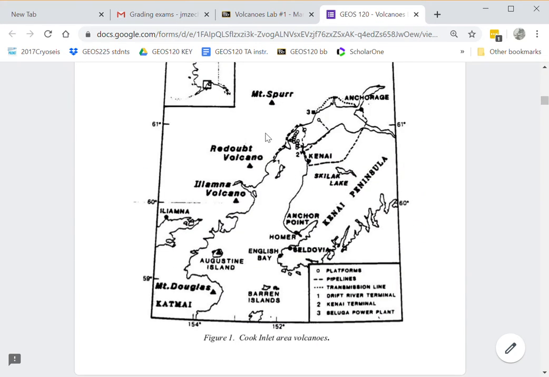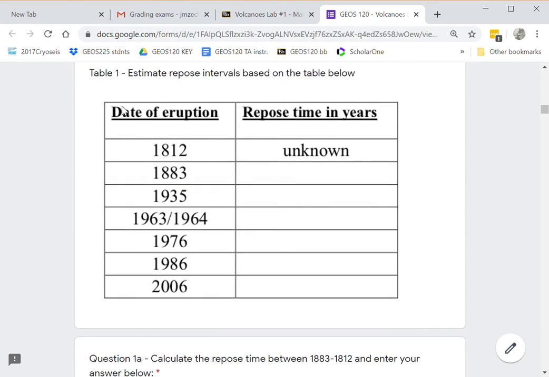So this question here, you have a series of questions asking you for the repose time of a volcano in years. The repose time is the number of years between eruptions.